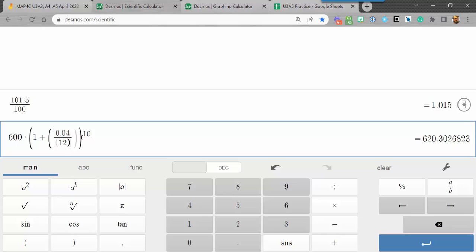And again, it was for 10 years, but that's really 120 months, so I'm going to do 120. So my final answer should be, whoops, that's not right. I got too many brackets in here. There we go. To the power of 120. 894.50.